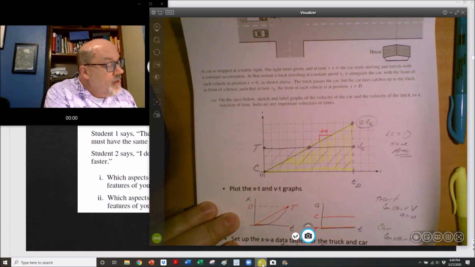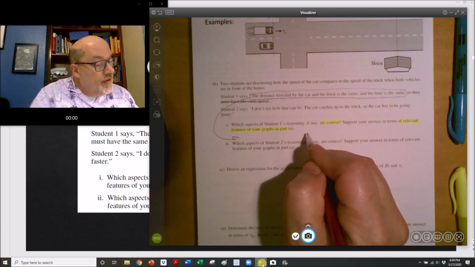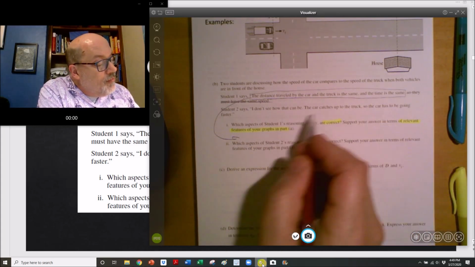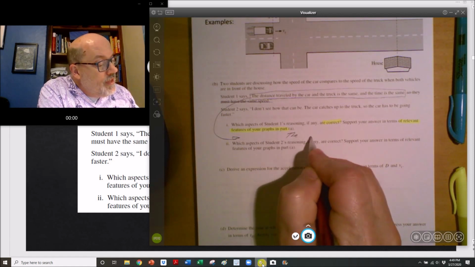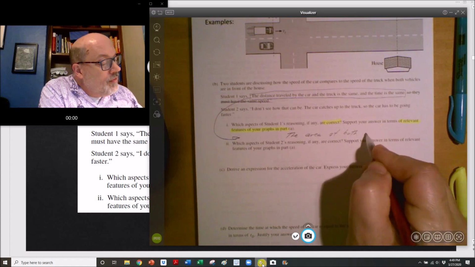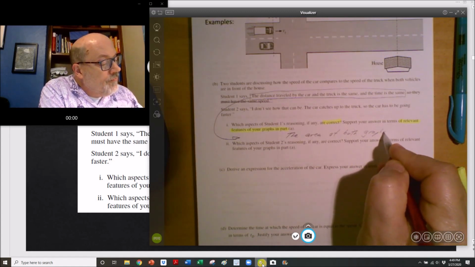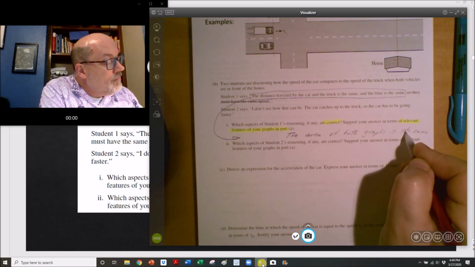Okay? So we would say that they travel the same distance in the same amount of time, and because the area of both graphs is the same. Done.